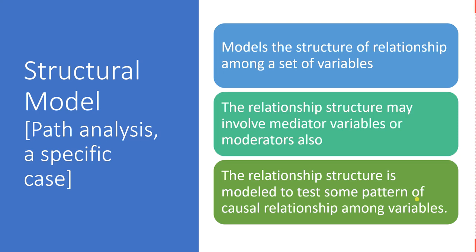Sometimes we believe, for example, stress and health, and we believe that in general, stress has a very strong negative relationship with health. If stress is high, the health will be poor. But if a few individuals have high levels of, say, social support, then despite high stress, they are likely to have less impact on their mental health.